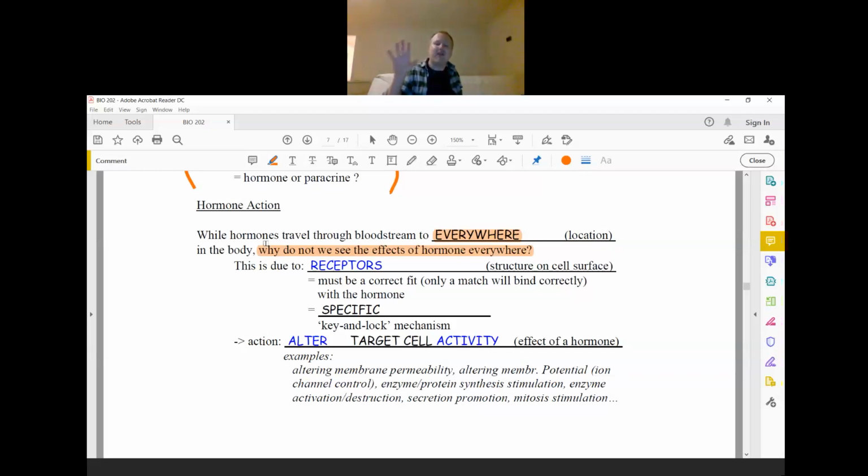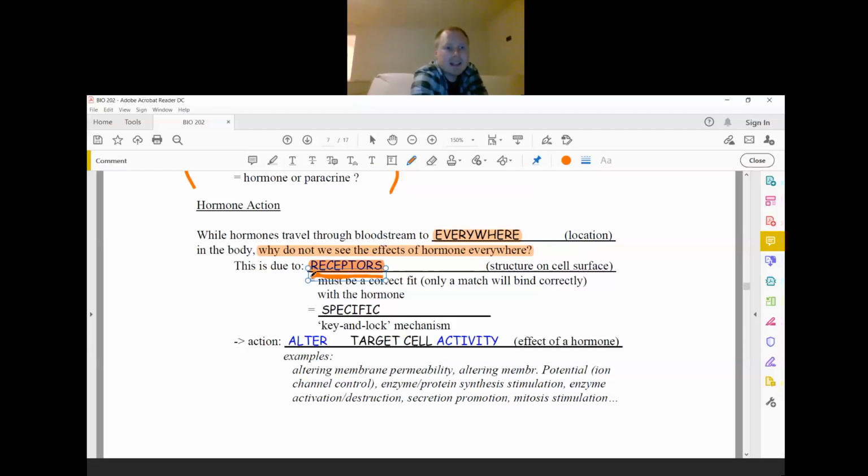For a hormone to have an effect on a cell, that cell must have a receptor for that particular hormone. So you might have cells that are exposed to many different kinds of hormones, but unless there is a receptor for that particular hormone, it will not trigger anything to happen.